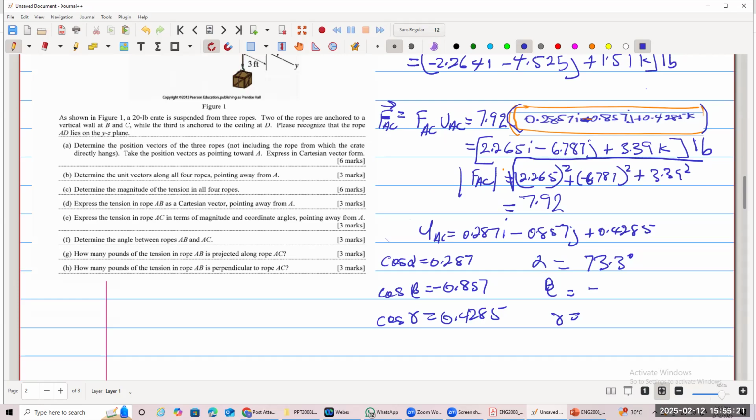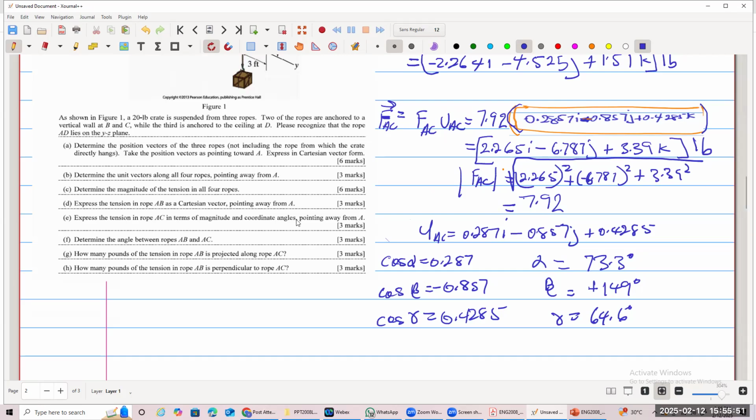So I think 149. 148.9, so it's 149. And then the gamma, 64.6. All right, good. So those are the angles that they wanted for you.